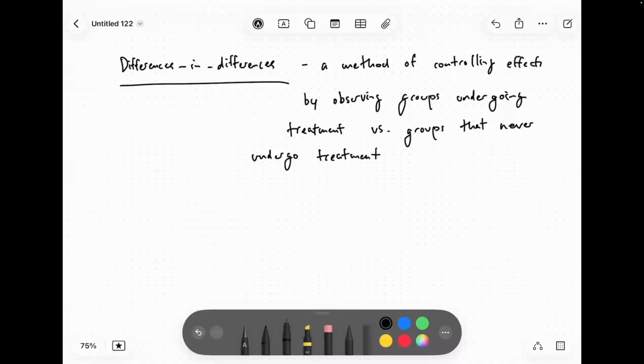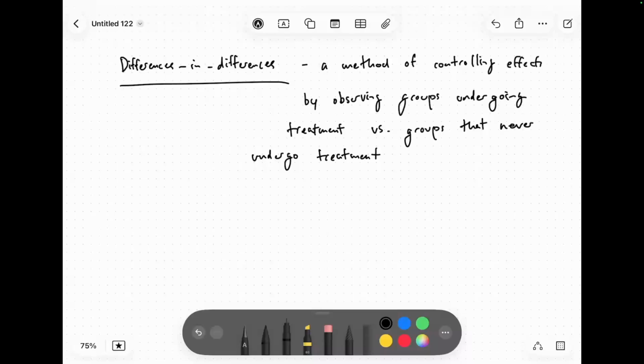Typically we think of a treatment effect as some kind of intervention measure. That's often the thing that you want to measure the effect of.